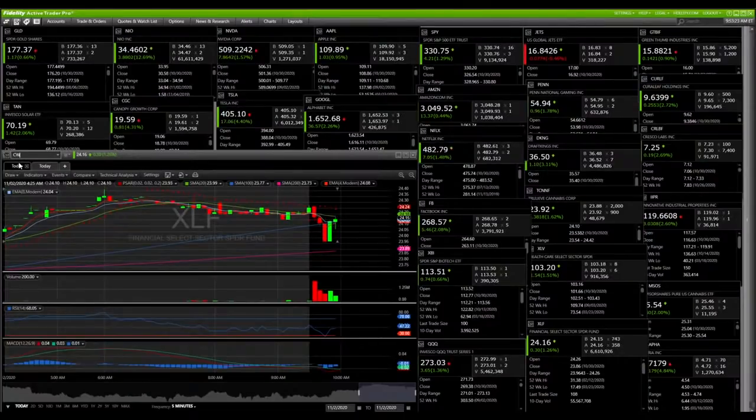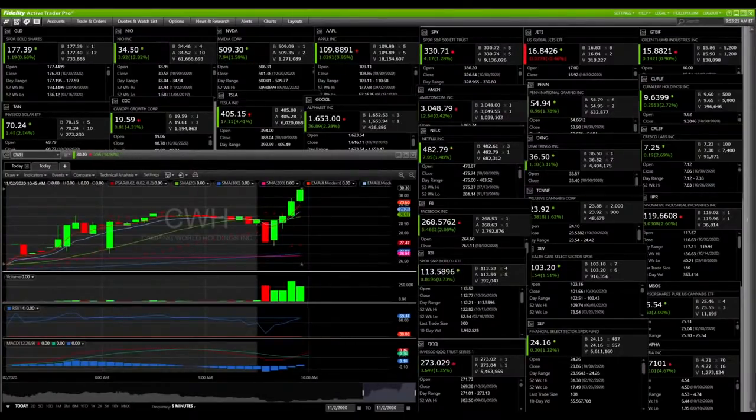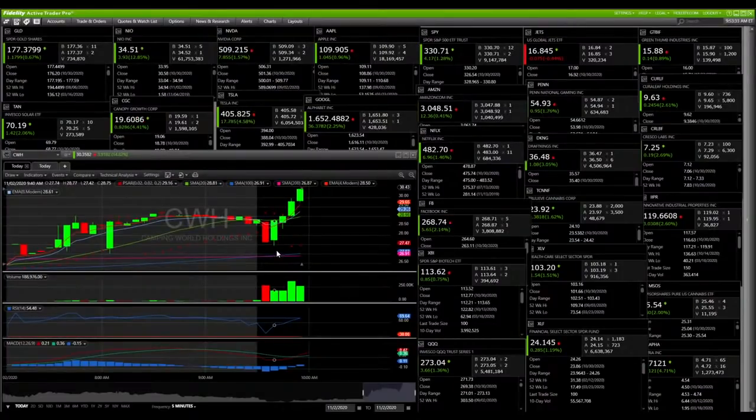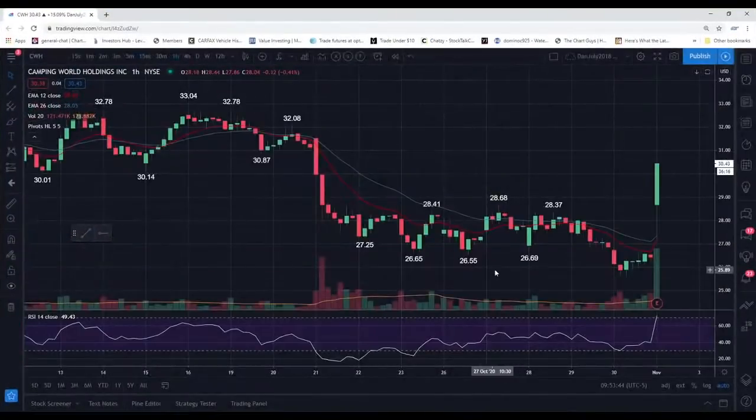CWH was a gap and go. We gapped up, pulled back quickly, pretty much similar to NIO. First 5-minute, little brief consolidation right into continuation, clearing 28.68, opens the floodgates. As soon as you clear 28.68, anybody that has gone short in the last 6 weeks is underwater.